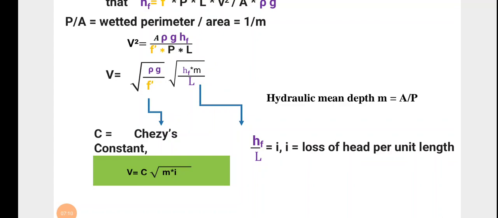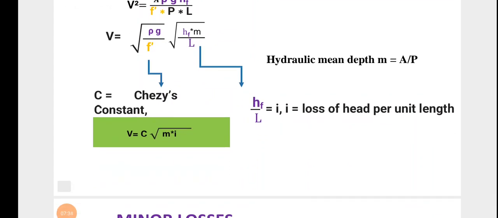So we get V equal to under root rho g by F dash into under root I into M. This under root rho g by F dash is known as Chezy's constant C, and the other under root term, HF by L, is I. So V equal to C under root M into I. This is known as Chezy's equation for frictional head loss. Okay, thank you.